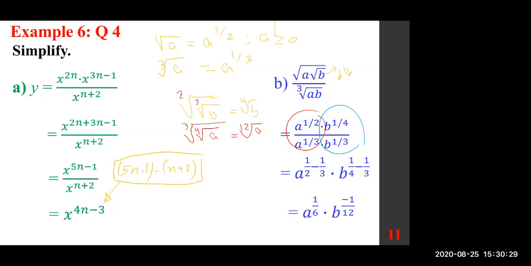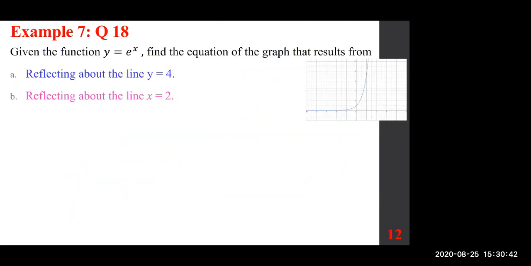Okay. All right. So that's just dealing with some expressions and simplifying them accordingly. We are given a function y equals e to the power of x, and we have the graph. It's a basic essential function everybody's familiar with.